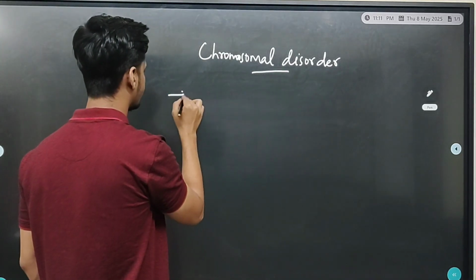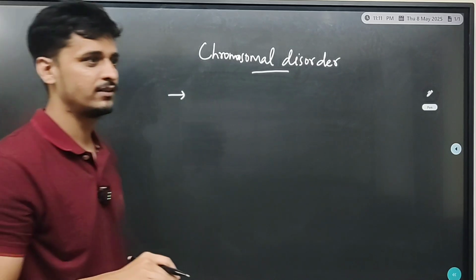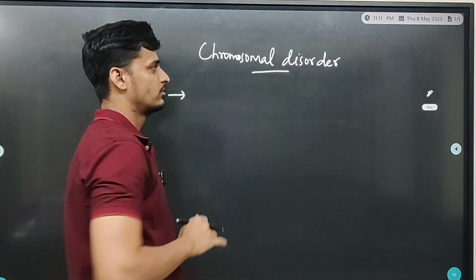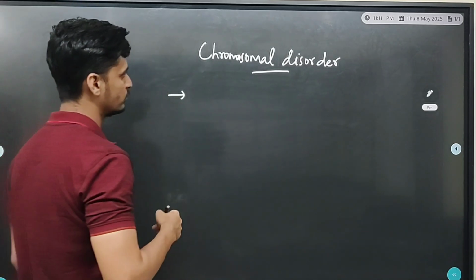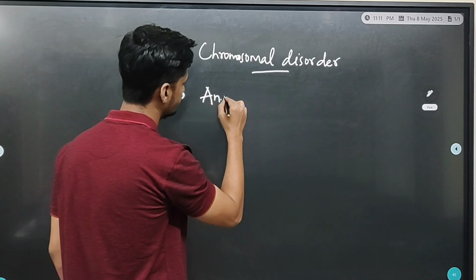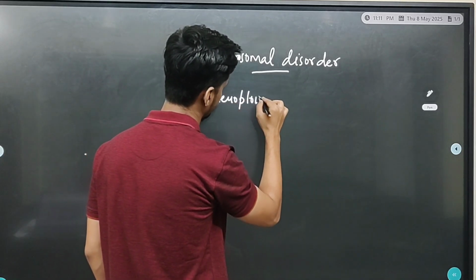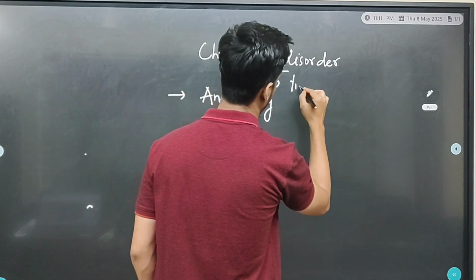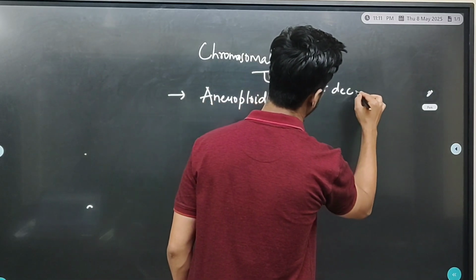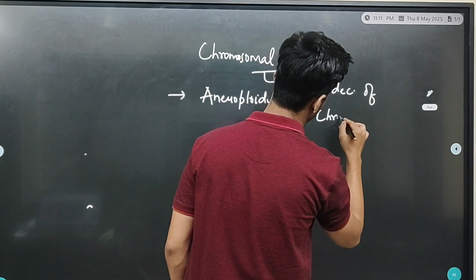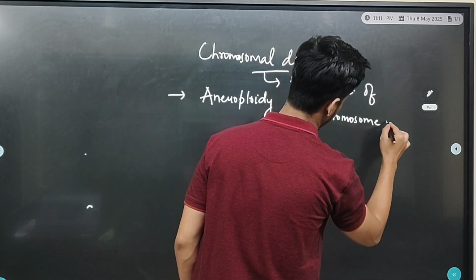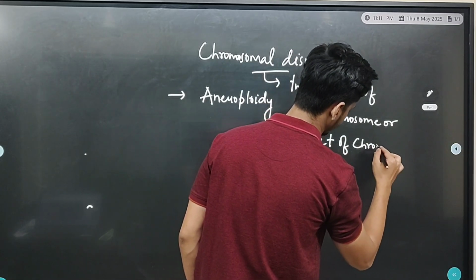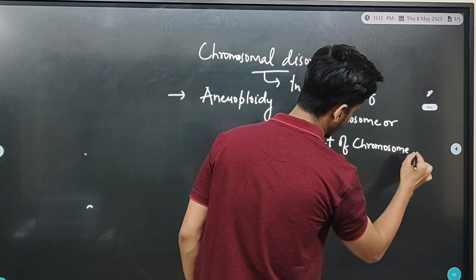So whenever there is an increase or decrease in chromosomes, or a whole set of chromosomes is increased or decreased, that is known as chromosomal disorder. Chromosomes occur in pairs.